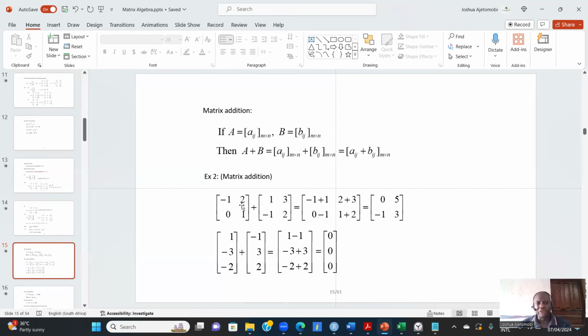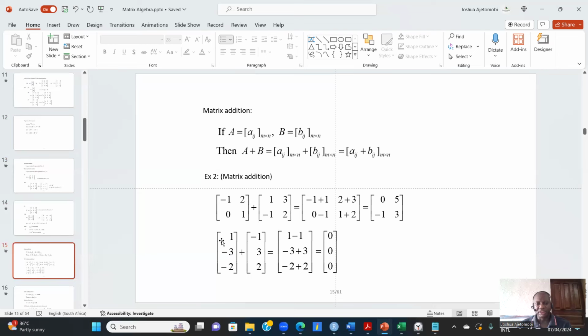Here we have minus 1, 2, 1, 3, plus 0, 1, 1, 2. So if I want to add, this is A11 here, this is B11. So that's what I'm going to add. This is A12, and this is B12. That's what I'm going to add. You can see, super simple. So that is how we obtain the 0, 5, minus 1, 3.